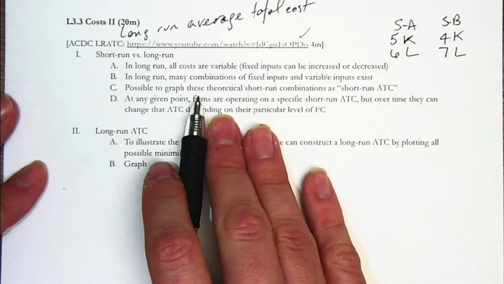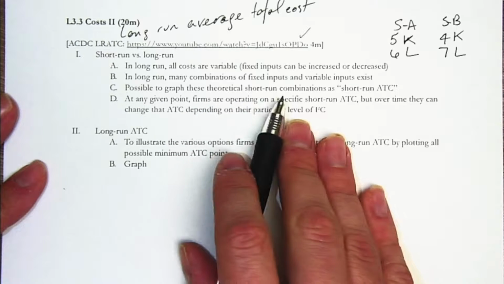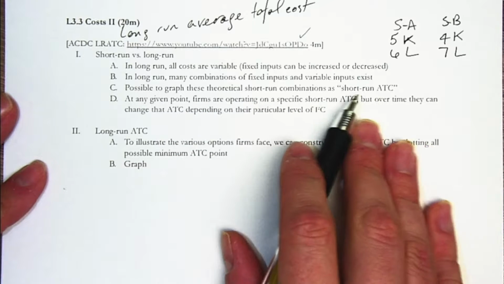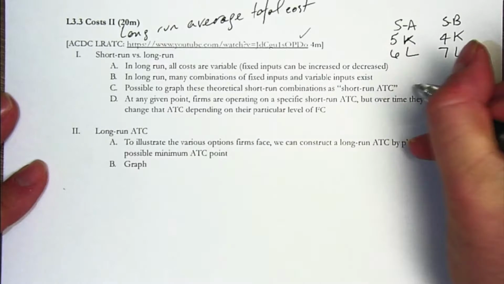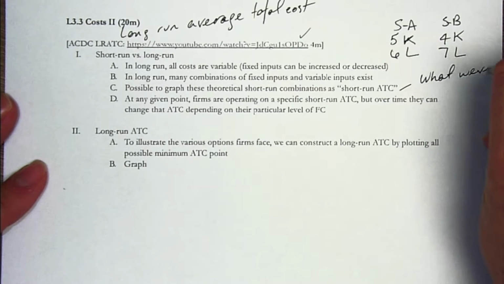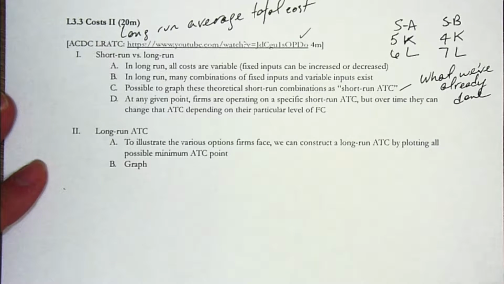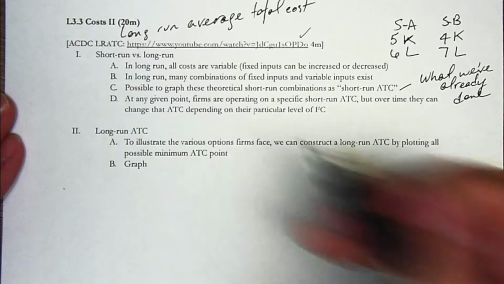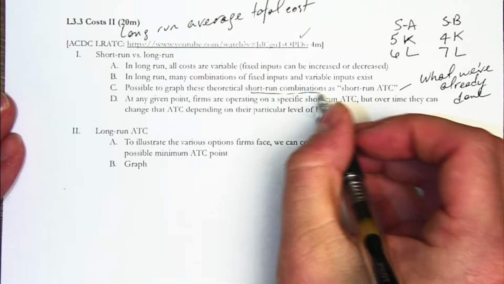It's possible that we graph these theoretical short-run combinations as a short-run ATC. And this is what we've been doing already. When we graphed the ATC in the previous video, what we were actually graphing was one of these short-run combinations.